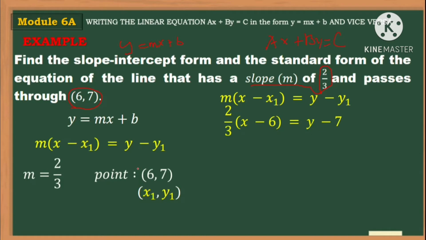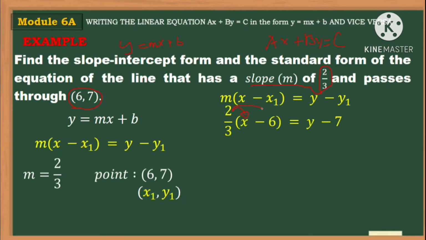So we substitute the value of m, which is 2 over 3, or the slope. Then x sub 1 is 6, so x minus 6 is equal to y minus, and y sub 1 is 7. Then simplify by the distributive property.